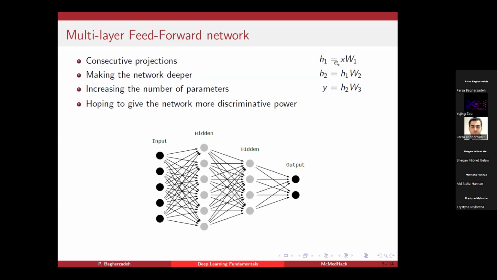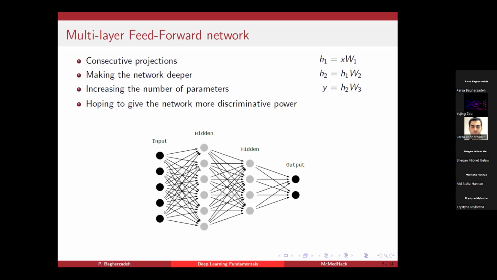X is mapped to H1 by W1, this set of weights that I have here. Then H1 is mapped to H2 by W2, and H2 is mapped to Y by W3.